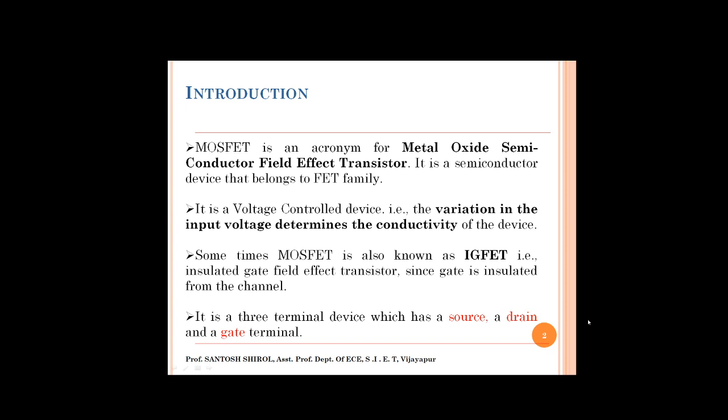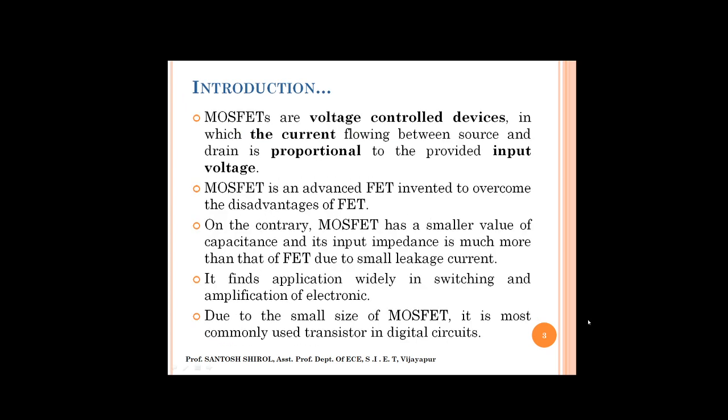Like other devices in this FET family, it has three terminals: a source, a drain, and a gate terminal. MOSFETs are called voltage controlled devices, in which the current flowing between the source and drain is proportional to the provided input voltage. Meaning, whatever voltage we give across gate and source controls the current that flows from source to drain.